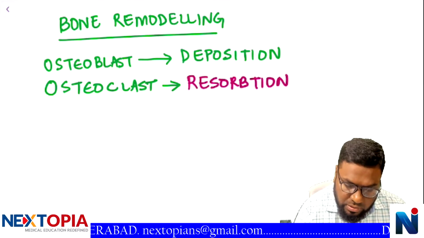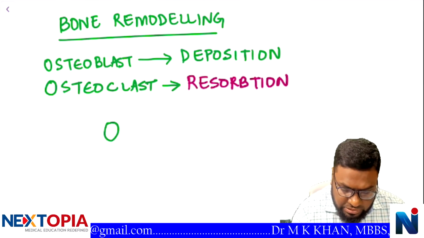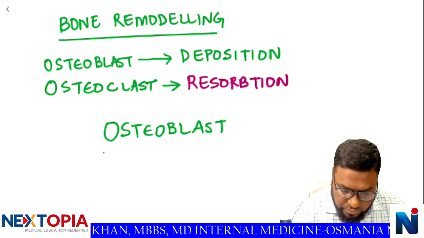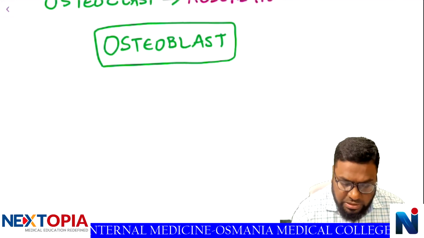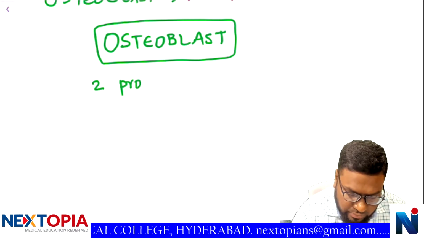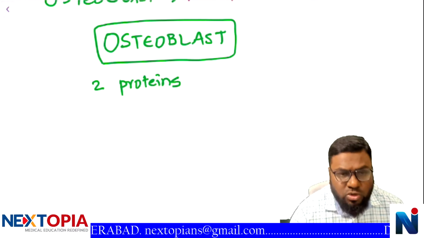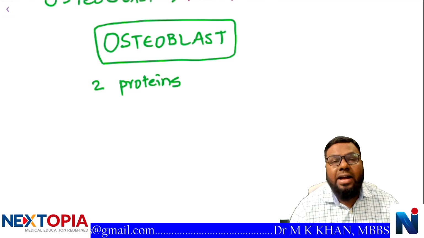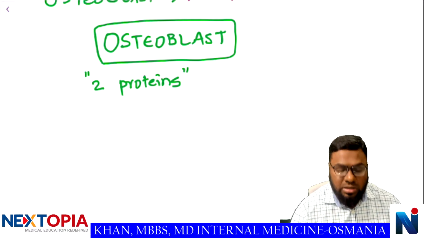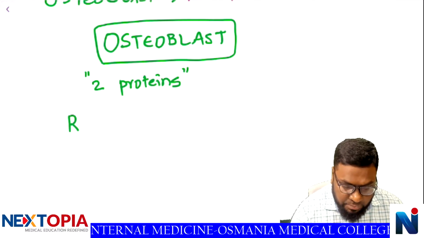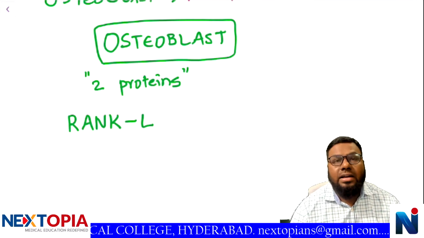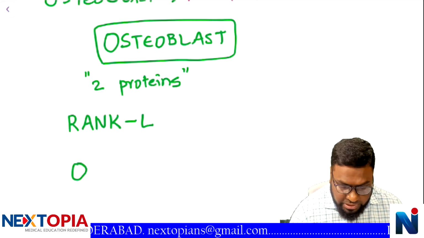How? Let us try to understand. Osteoblasts secrete two proteins. These two proteins are important in bringing out the activity of osteoclast, that is the bone resorption. The two proteins are, one is RANK ligand, RANK L protein, and another is OPG.